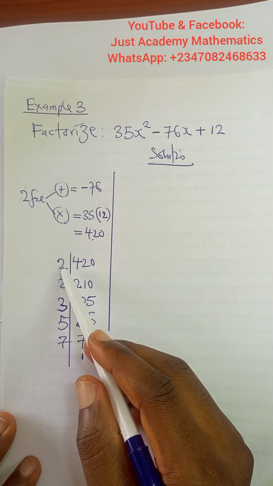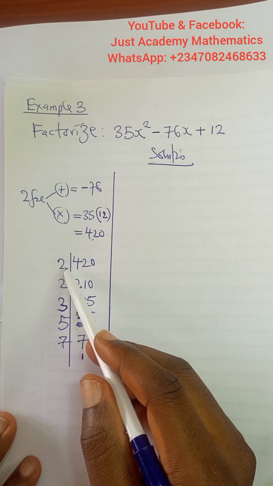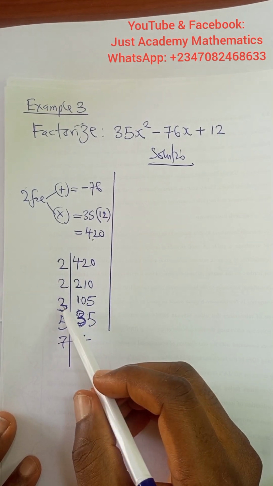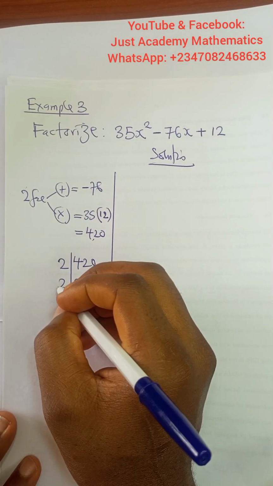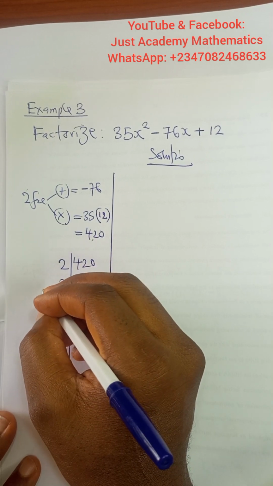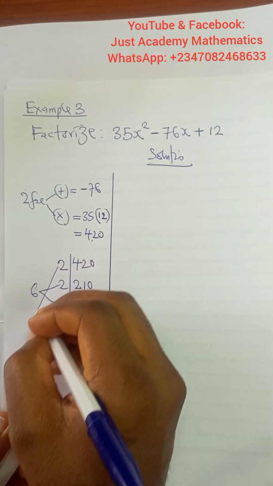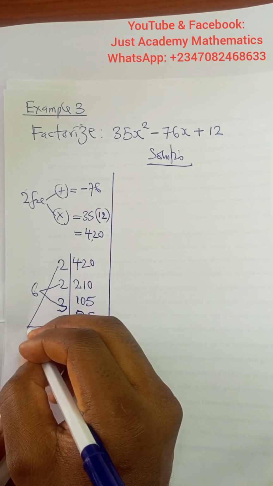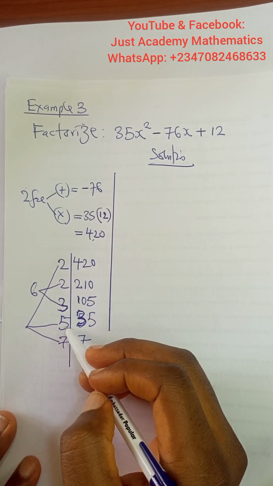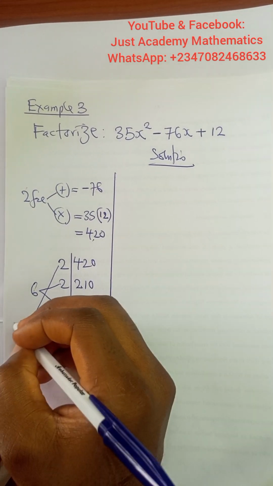How about 70 and 6? That should work. Watch this. 2 times 3 is 6. But this one here, 2 times 5, 10, and 10 times 7, 70.